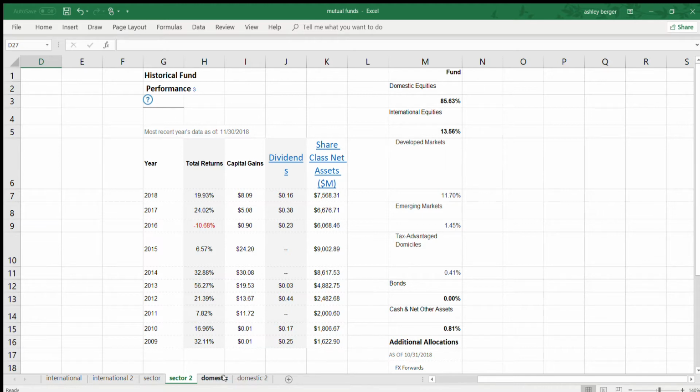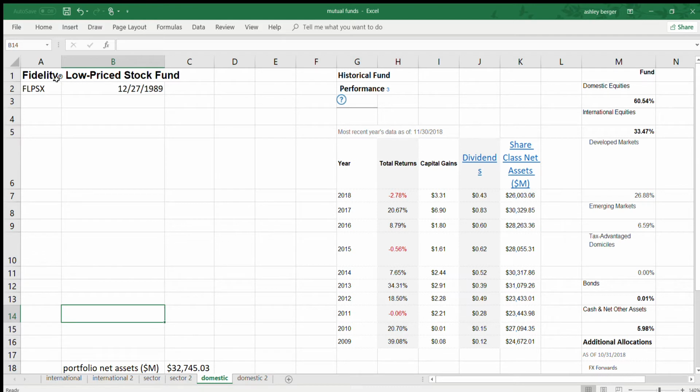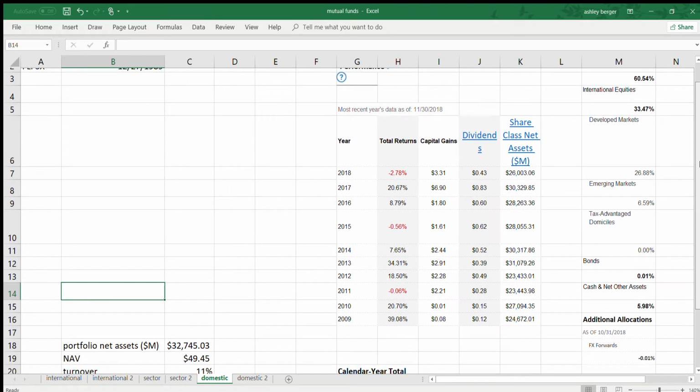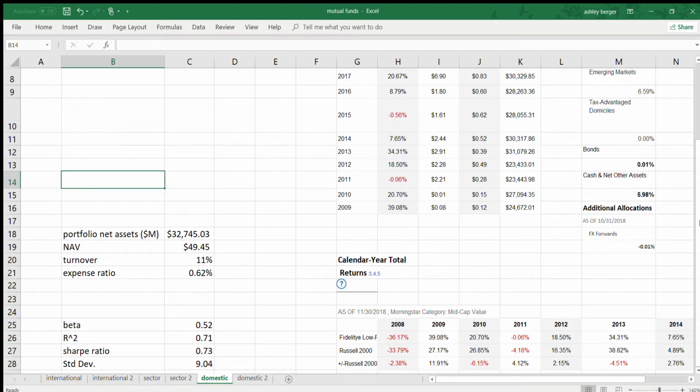The first domestic one I had was Fidelity Low Price Stock Fund, which was incepted on December 27, 1989. It had a portfolio net asset of $32,745.03 million, which is a lot higher than any of the other portfolio net assets we've seen so far.